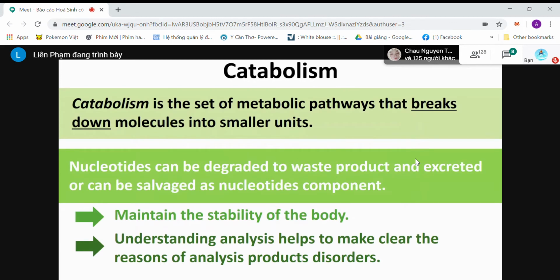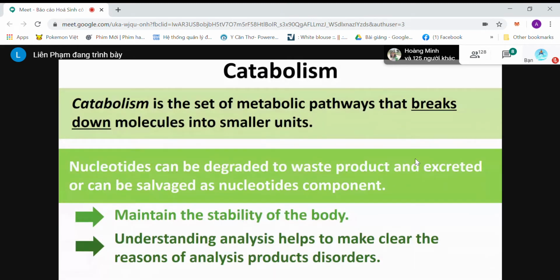Next is catabolism. Catabolism is also the set of metabolic pathways that break down molecules into small units. It is the breaking down aspect of metabolism, whereas anabolism is the building up aspect. Catabolism is usually synonymous with degradation.